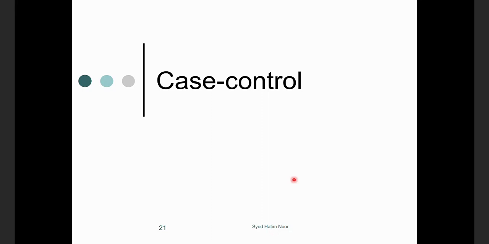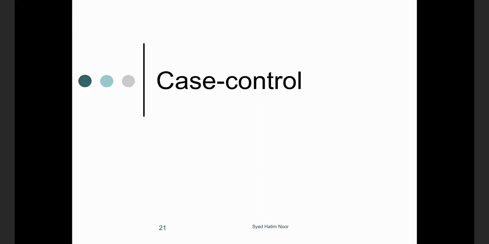So it depends on the statistics. Dengue is common already. Malaria in Malaysia may be rare, but in certain countries it is a common disease. So case control is for rare disease. That is the special feature of case control.